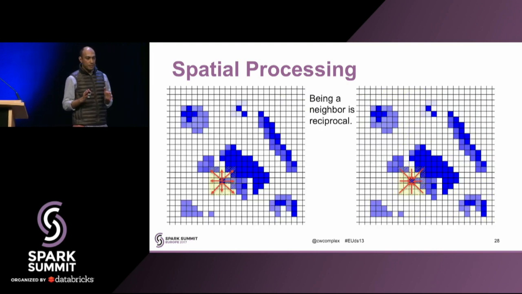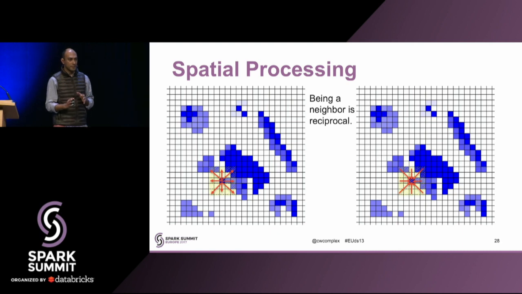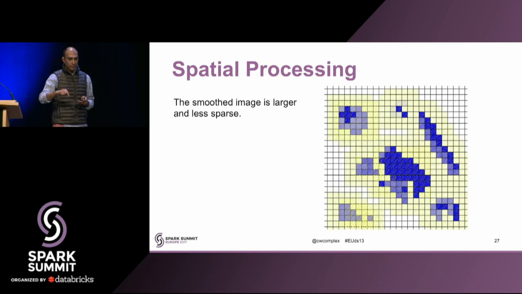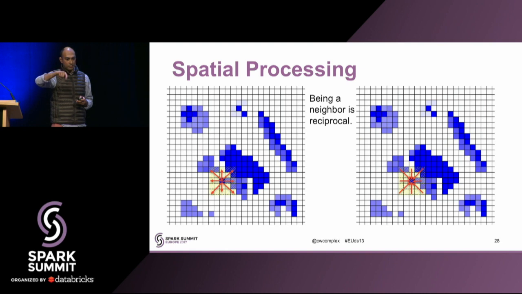But being a neighbor is reciprocal, right? So we can turn these arrows around and we realize that the neighbors point back. Every pixel in the smoothed image, and I'm referring to the image on the right, points back to its non-null neighbor.